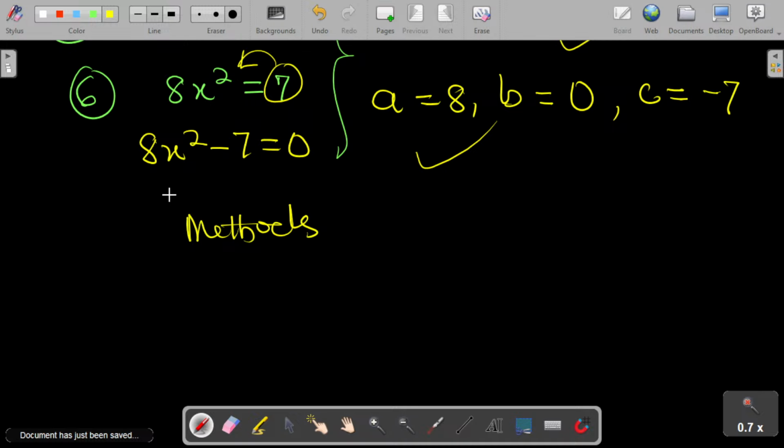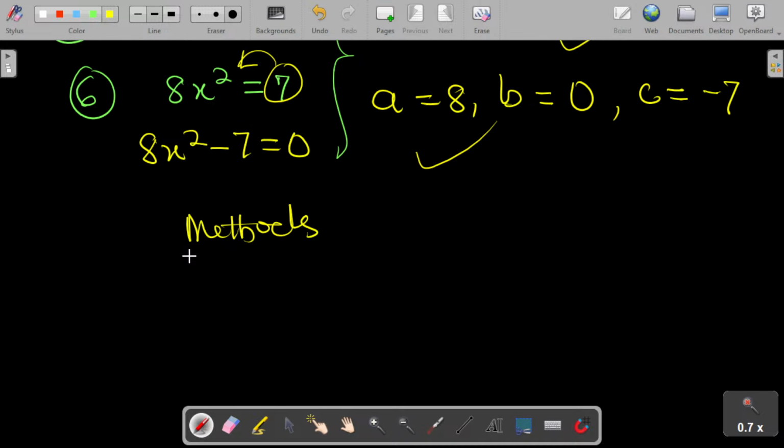Exactly, Oluchi Vivian. I see your question. Very correct. Once there is no x, it means that the coefficient is 0. That's your B. Once there is no constant, the one that does not have x at all, it means that your C is 0. And then, of course, there will always be x squared.